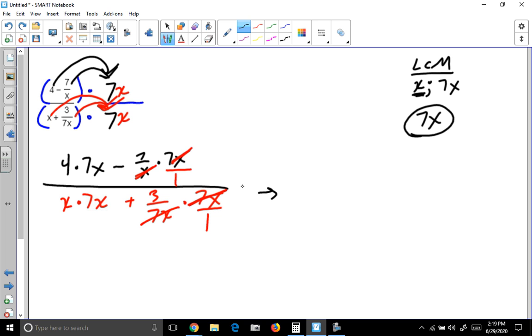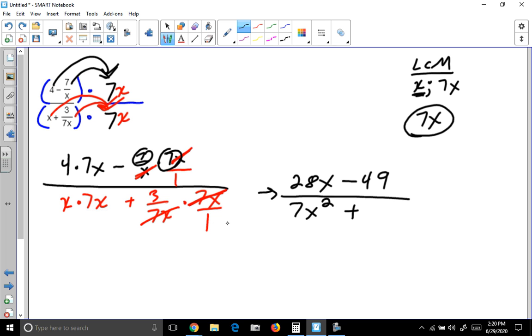So what does that leave us with? For the first term on top, we have 4 times 7, so 28x, minus 7 times 7. On bottom, we have x times 7 times x. Well, x times x is x squared, so 7x squared. Then we have 3 over 1, or just 3.